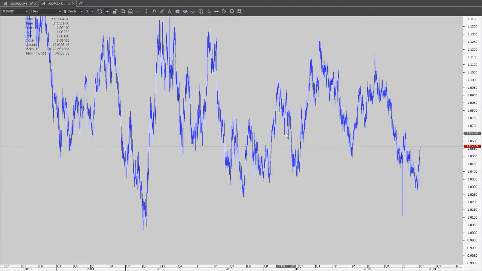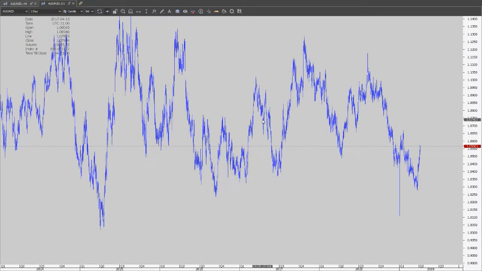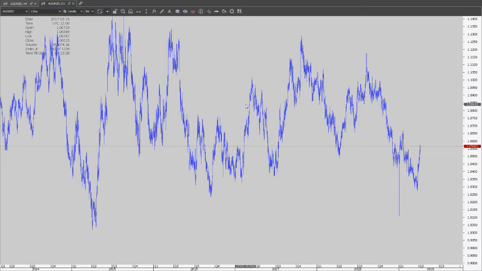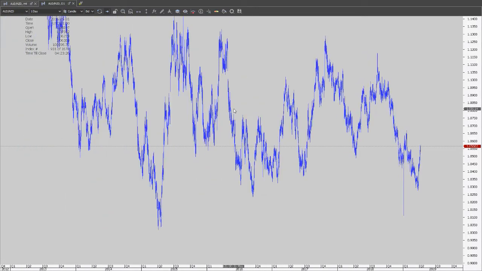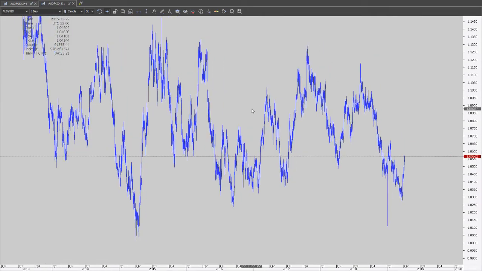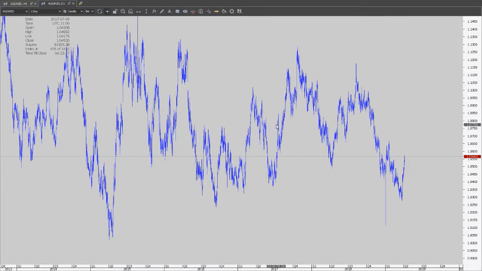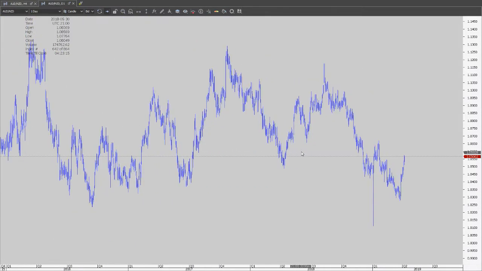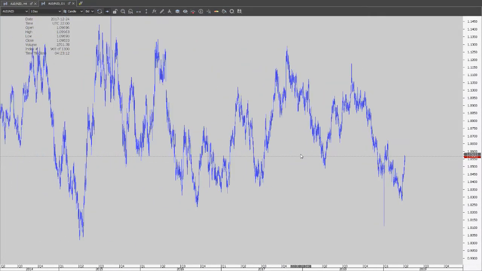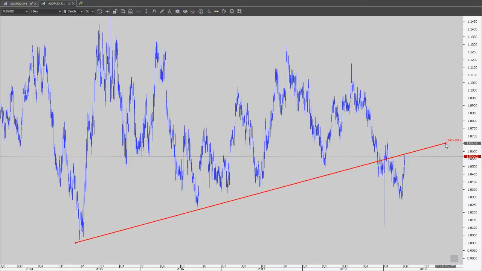Okay, so this is the AUD-NZD daily chart, and what do we see? We see it's a mess, right? It's making higher highs, higher lows, then it reverses, making lower lows, lower highs, but in the end we have here some kind of, let's say, uptrend line.